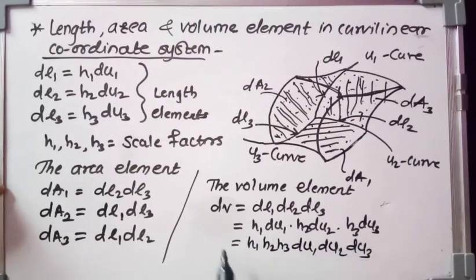This is volume element. That is, multiplication of three length elements is a volume element.